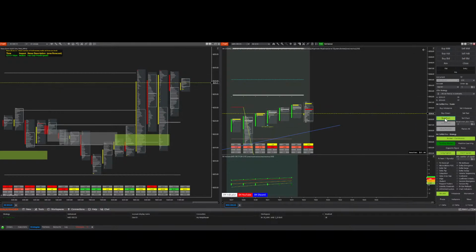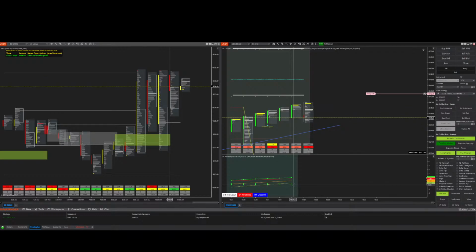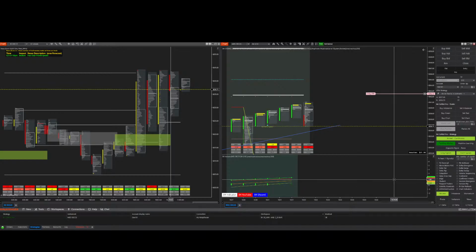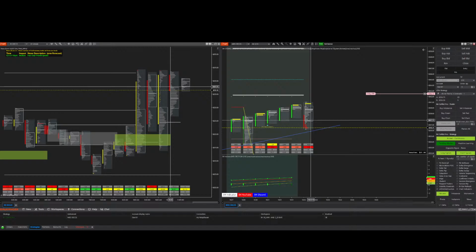If we get back above here, order submitted. I might digest some of those gains a little bit first before that happens. That'll rebalance this. Yeah, there's the digesting of the gains.